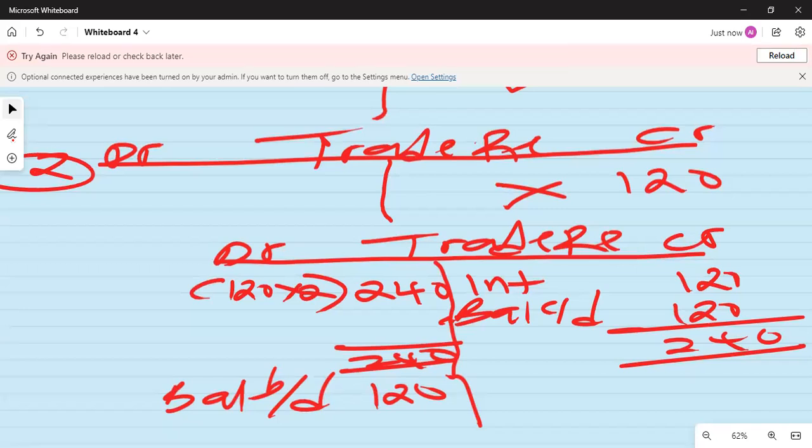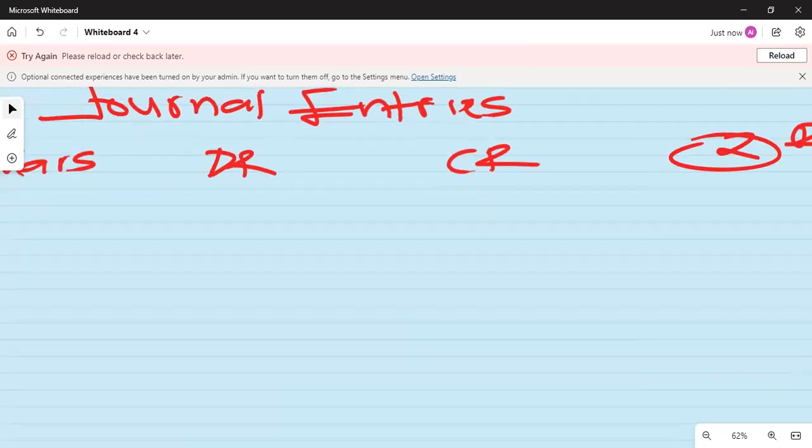So I'm going to debit the receivable with 240, and that 240 will knock off that 120. At the end of the day, I'm having 120, which is the goal here too.